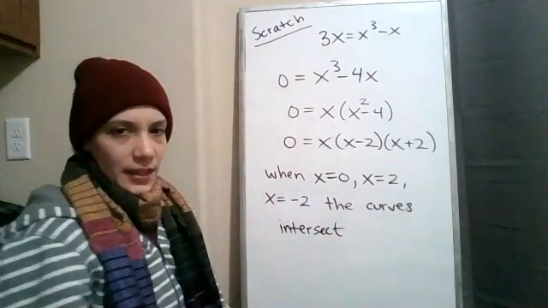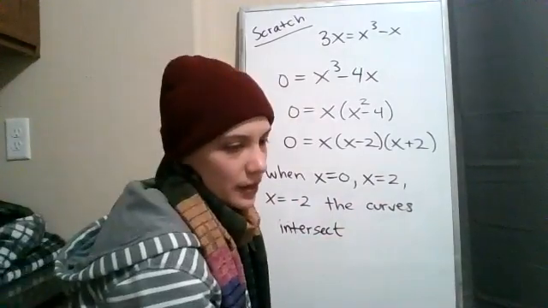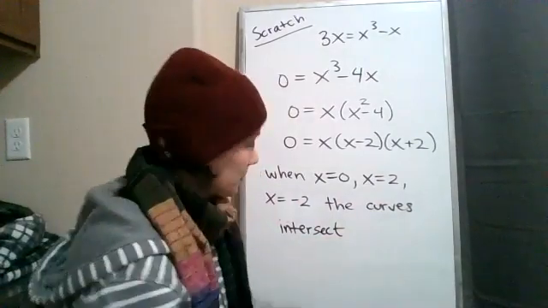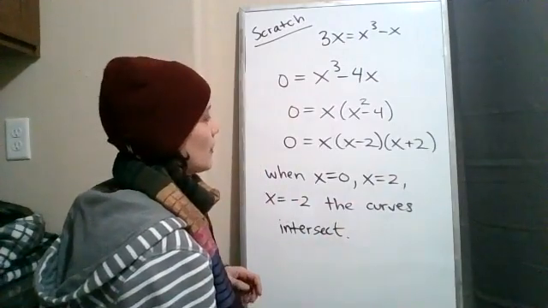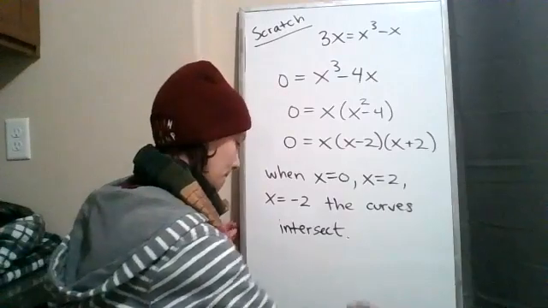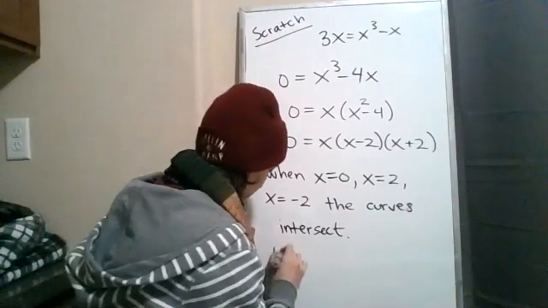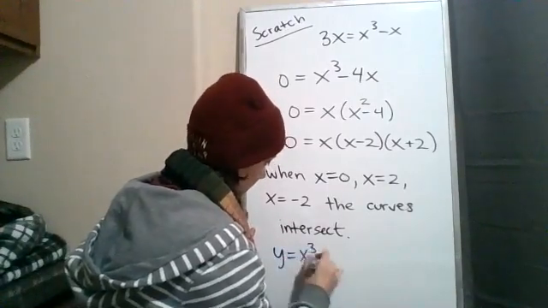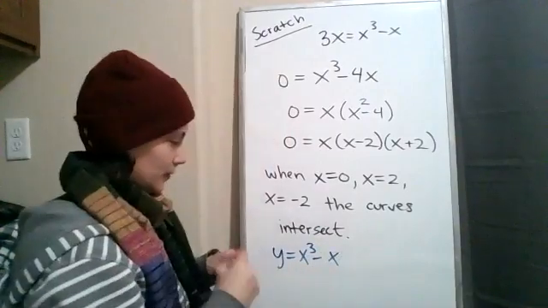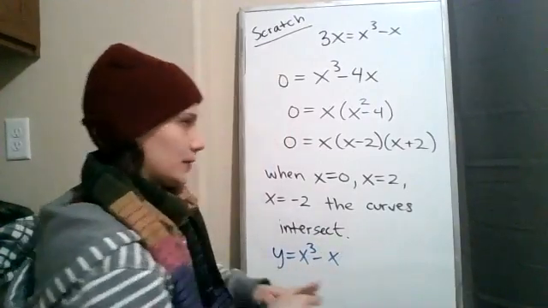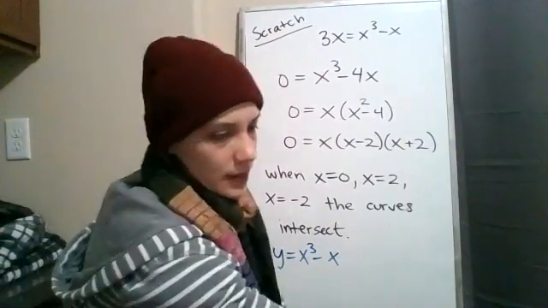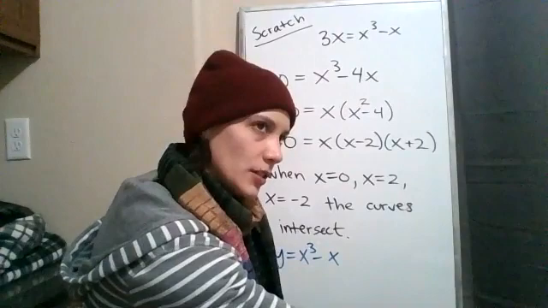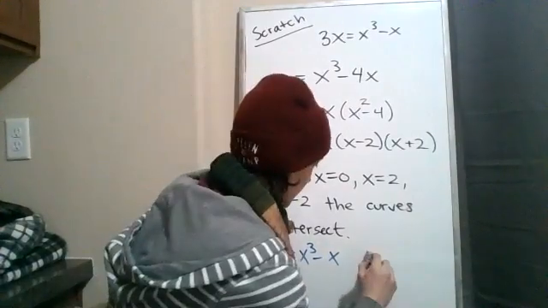Okay, I did find some intercepts for y equals x cubed minus x. I got x intercepts.